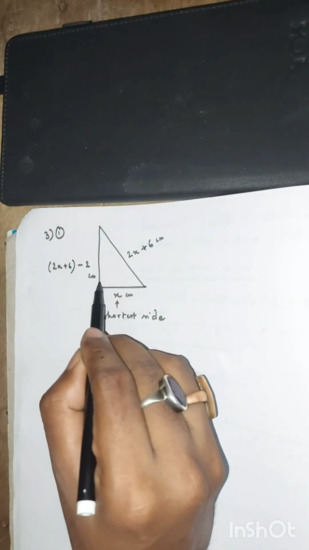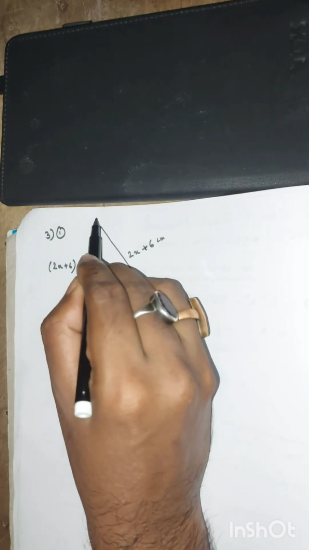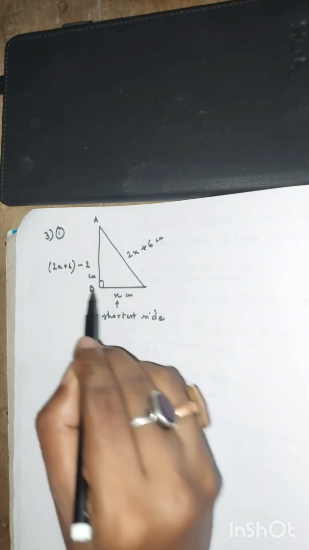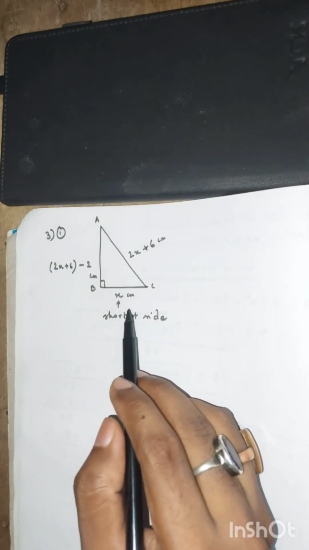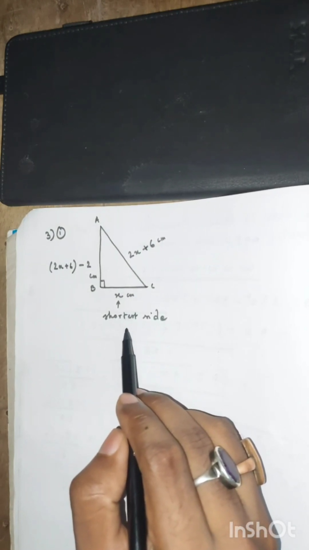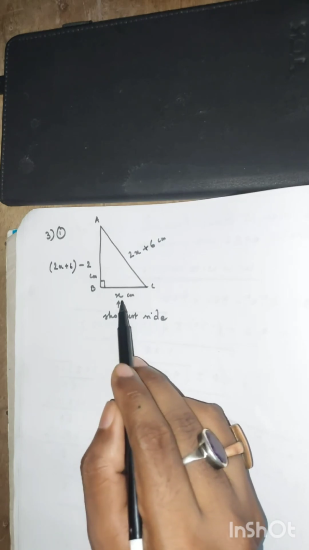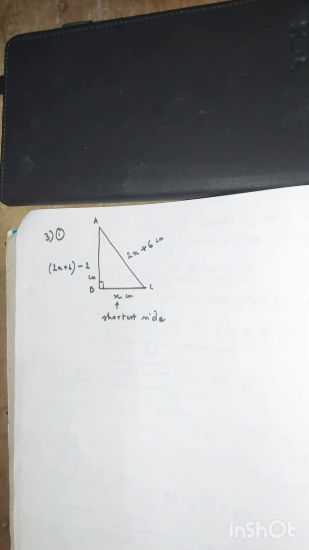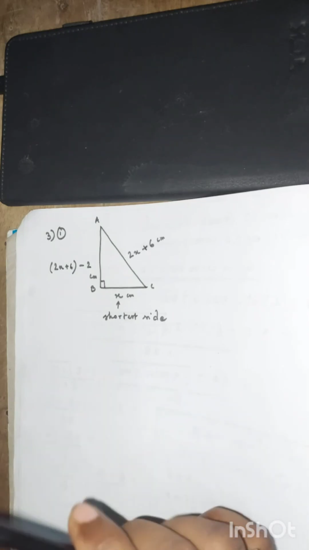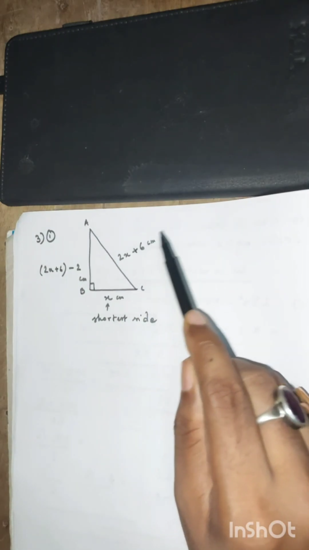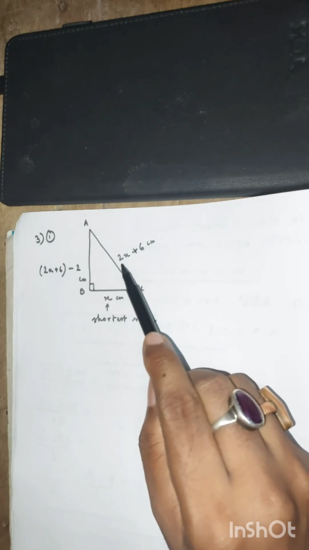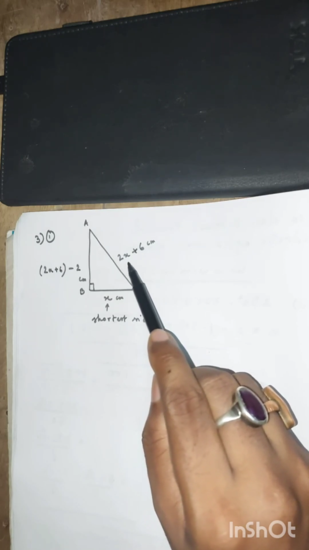It says there is a right angle triangle ABC whose shortest side, let us say it is x centimeter, and its hypotenuse is 6 centimeter more than twice the length of the shortest side.